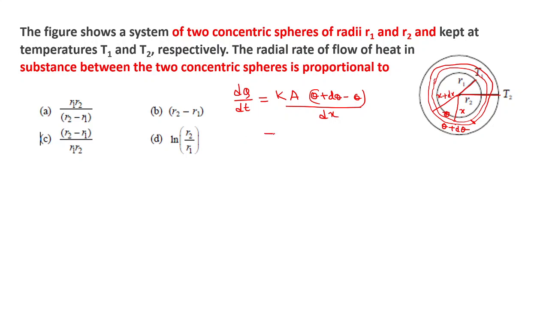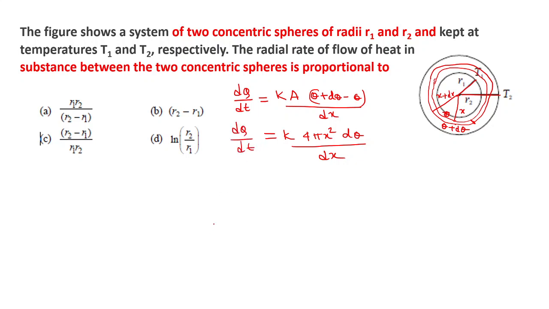So we can write here K. And what is the value of A? A is the area. And what will be the area? Area will be 4 pi x square, right? And it will be d theta by dx, and it will be dQ by dt.